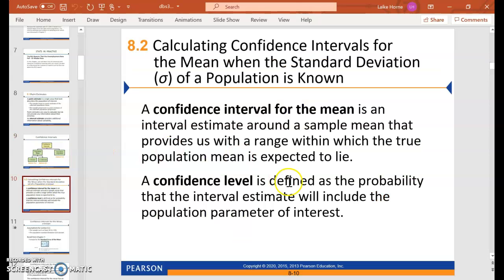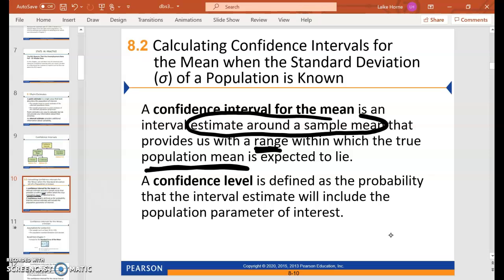So, a confidence interval is an estimate around a mean, and it gives us a range. It's going to give us a range of values within which the true population mean is expected to lie. So it's an estimate around a sample mean, and it's going to give us a range within which the true population mean is expected to lie.